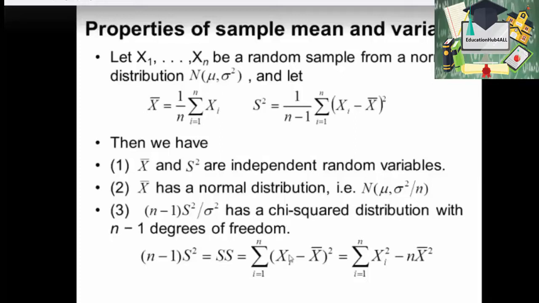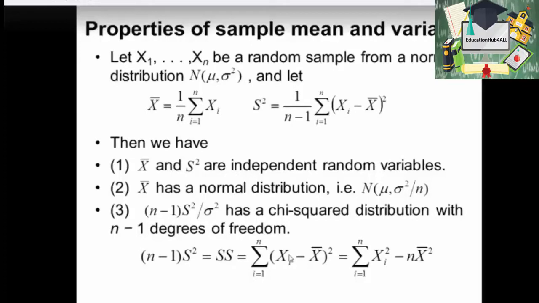So what we can see from this variance: if this variance is very large, is it good or not good as an estimate? Of course, for the population, sometimes we cannot control the variance.